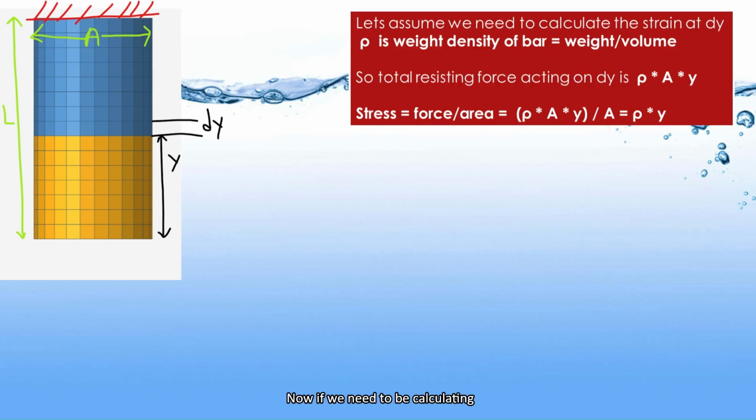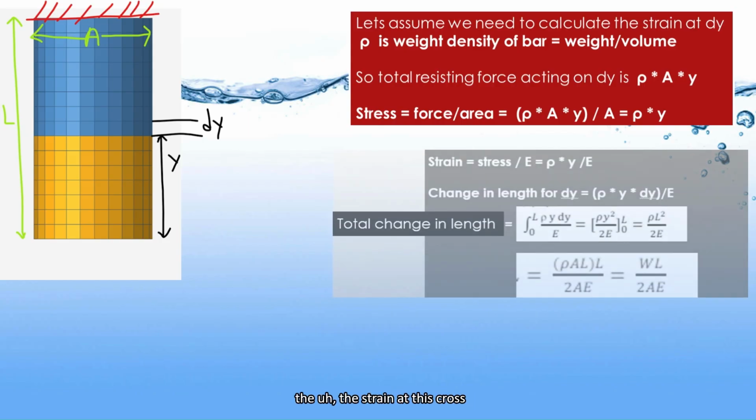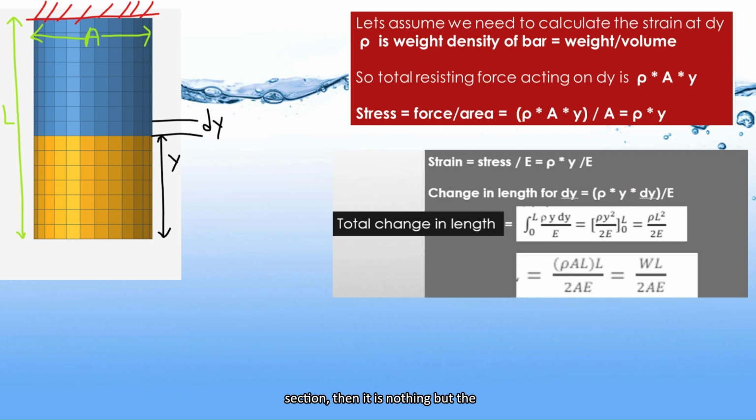Now, to calculate the strain at this cross section, it is the stress divided by Young's modulus, so rho y divided by E. And to calculate the change in length of this dy, we just multiply this with the length of this element. We have assumed dy is very small, so we multiply this with dy.